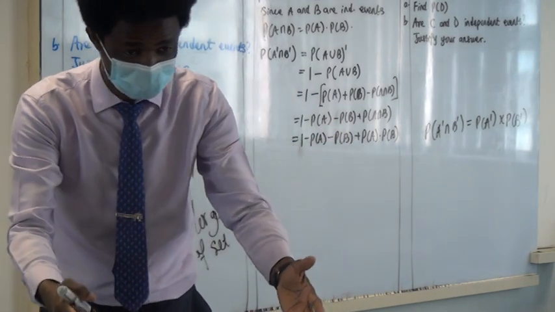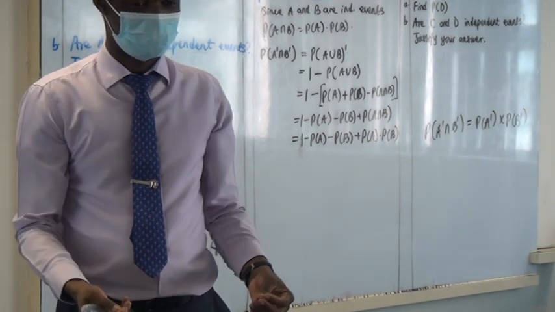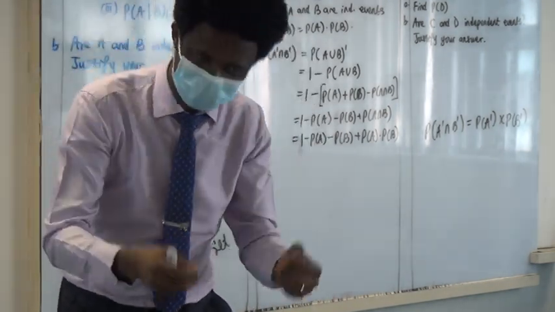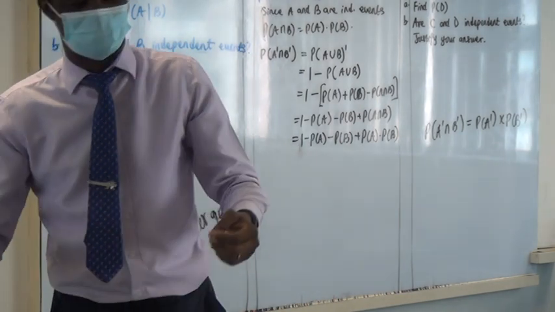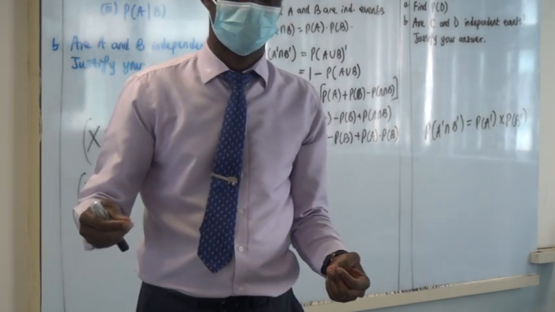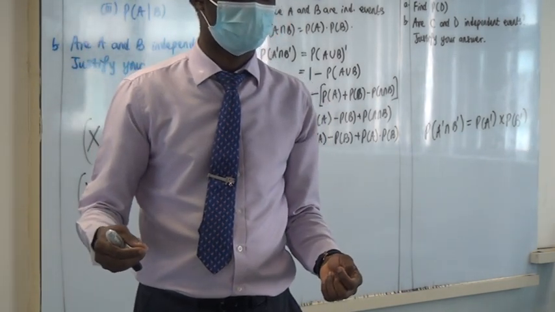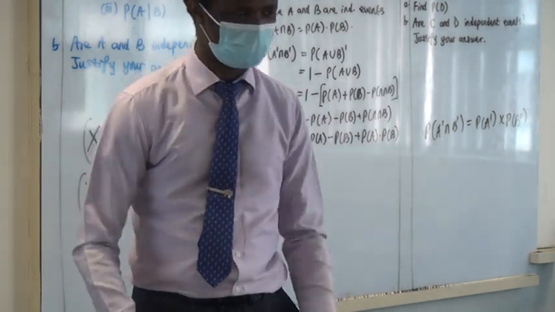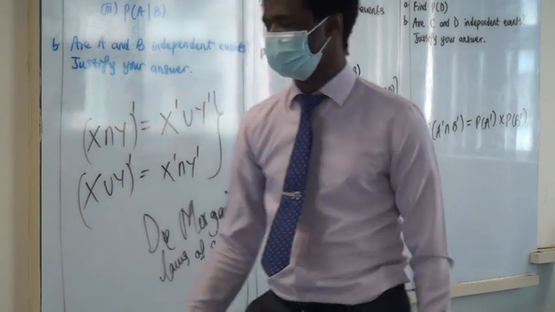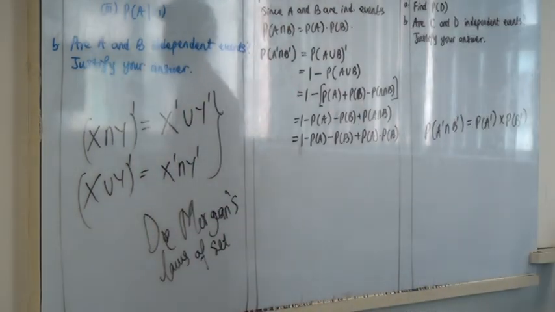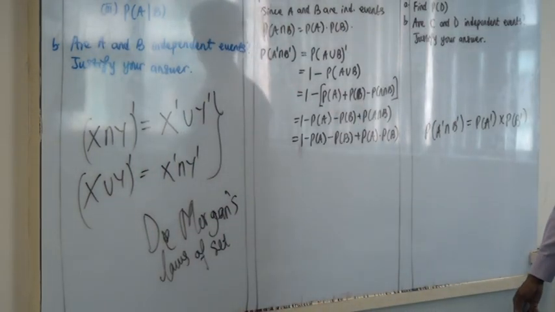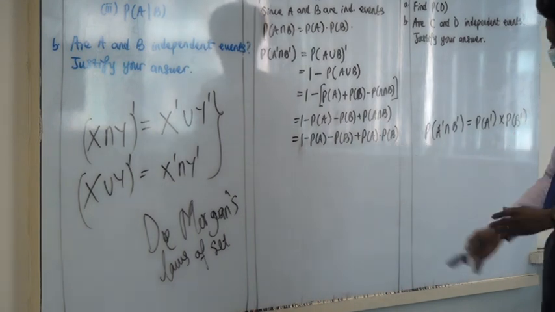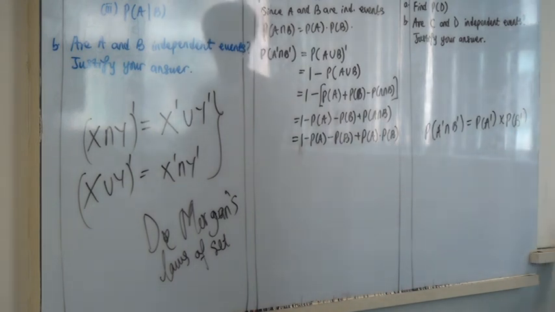What is the word? It looks like something. What is the action we have to perform? Factorize. What is the common factor that you can see? Something you can factorize first.